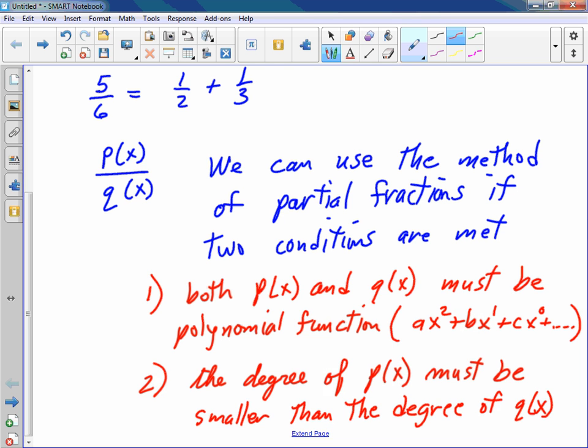And by that, p of x could be to a third degree, a cubic, and q of x then would have to be a quartic or a quintic or a higher degree polynomial. And if you have these conditions, then you're good to go.